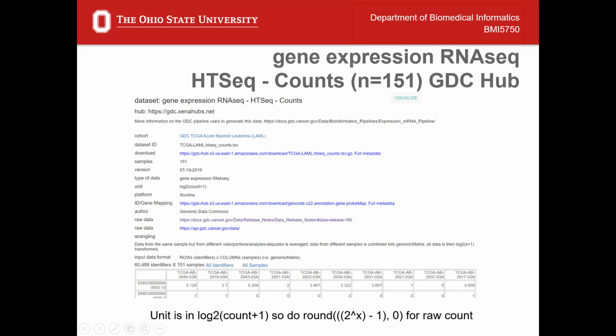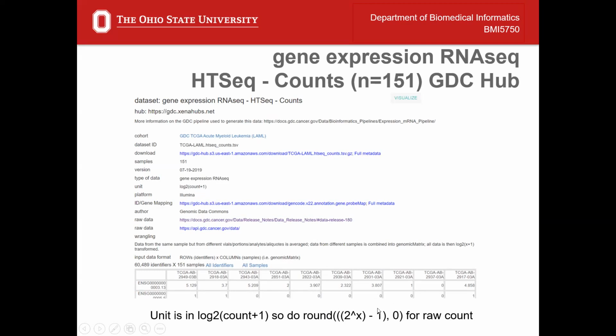So when we actually do analysis, we have to transform the log2 counts back into counts. To do that, we take this value, take 2 to this value, and then subtract 1, because we have to get rid of the 1 that's been added in.